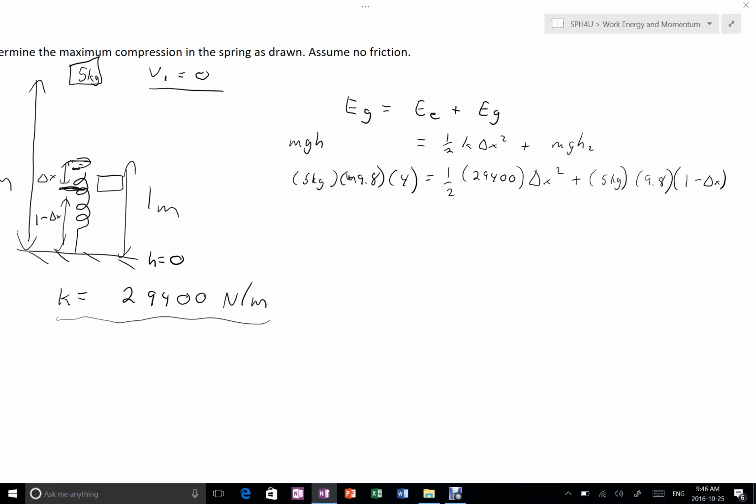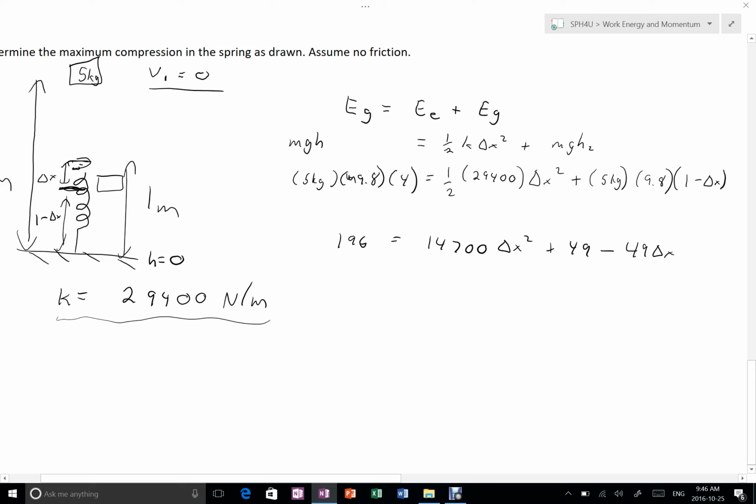So 5 times 4 times 9.8 should be 196 equals 29400 divided by 2, 14,700 delta x squared plus 49 minus 49 delta x.